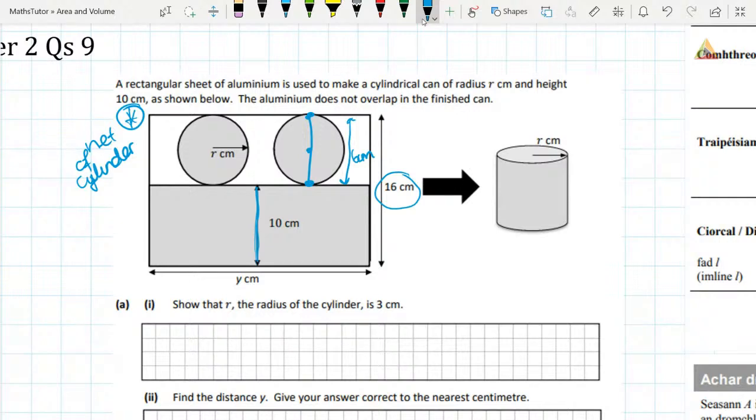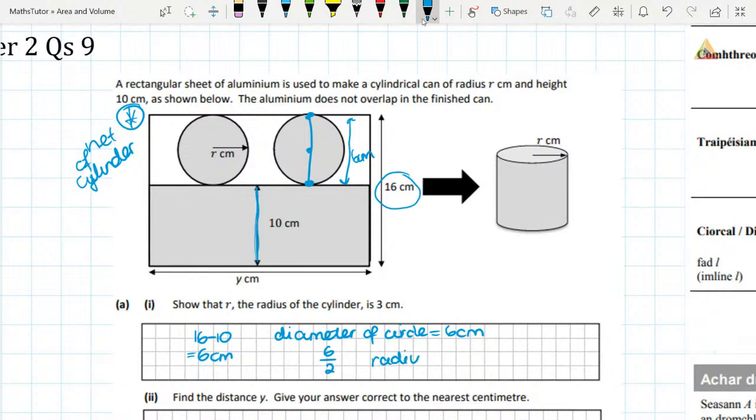The radius is always half of the diameter. So I'm going to be saying, okay, the radius here, we had 16 take away 10 to tell us there was 6 centimeters up at the top. That's the diameter of the circle. That makes the lid. And I know that that is going to be divided by 2 to make the radius. So I say 6 divided by 2.